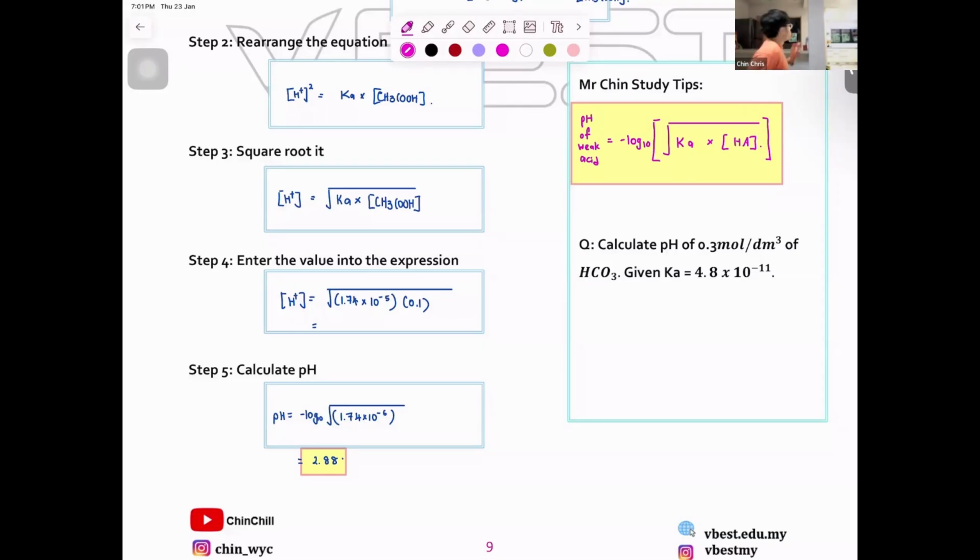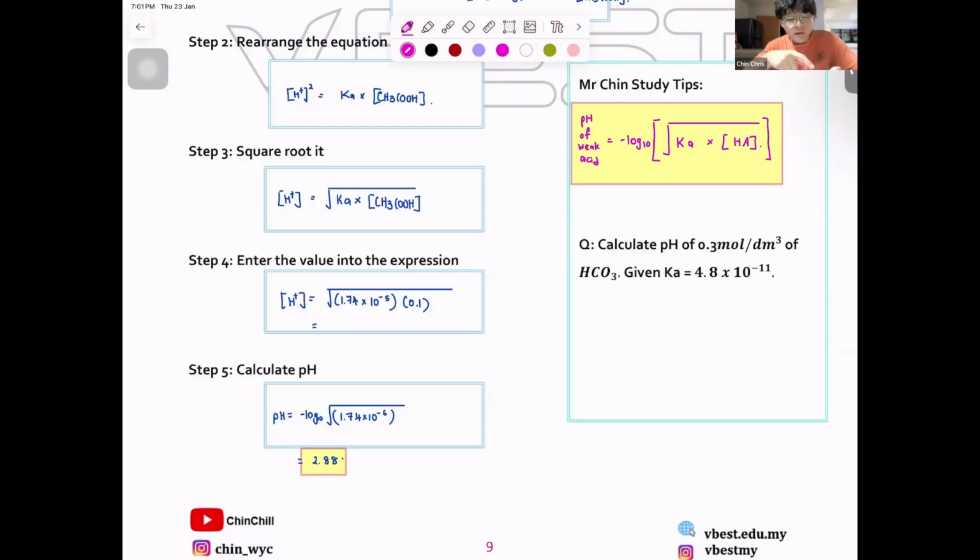Okay, guys, question. Let's go. Okay, give me the answer, guys. Before we move on, that was the pH of a weak acid.